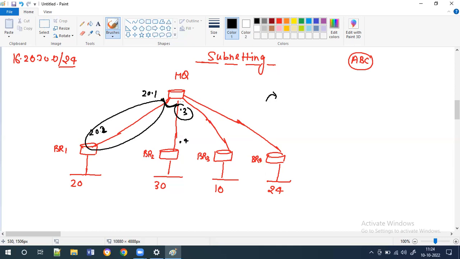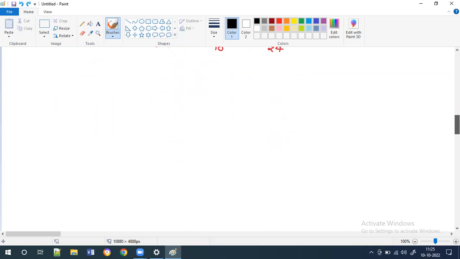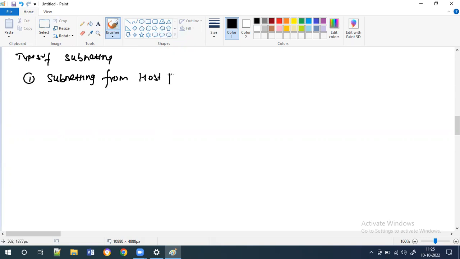Right? So when you do the subnetting, again the question will come, how would I do the subnetting? So there are two ways to do the subnetting, types of subnetting. First is subnetting from host point of view.